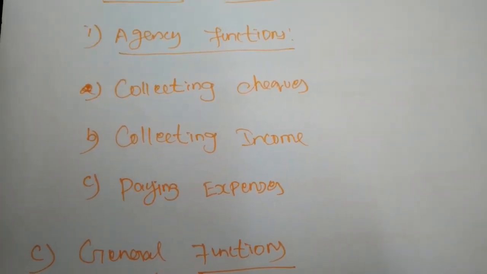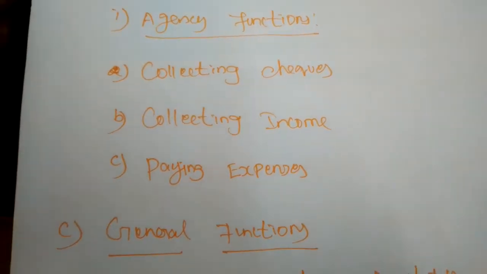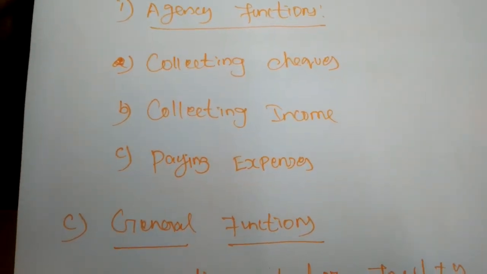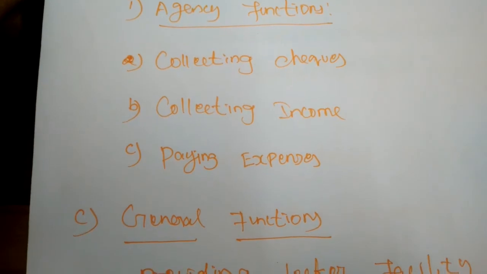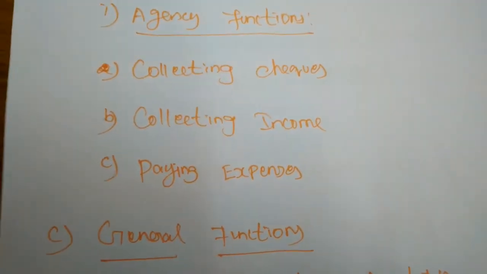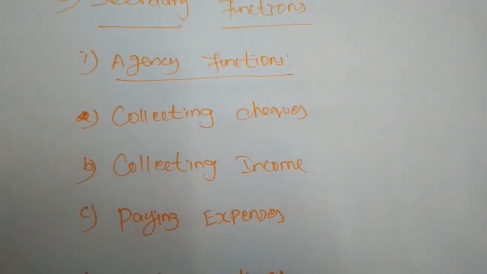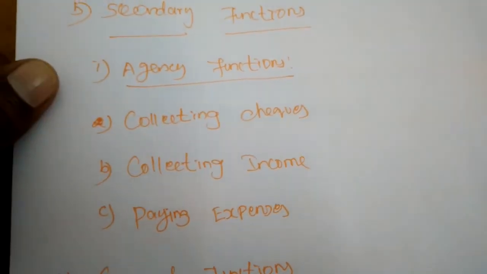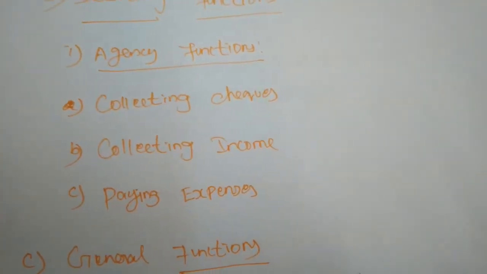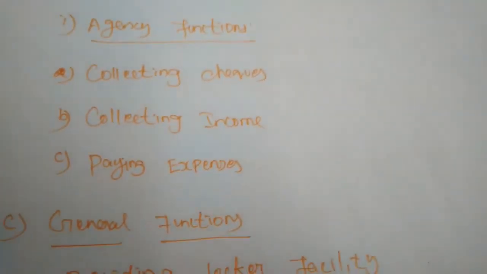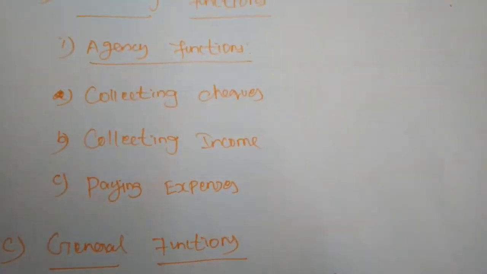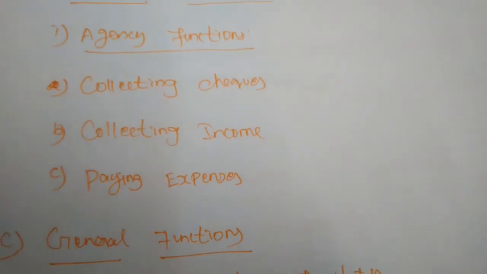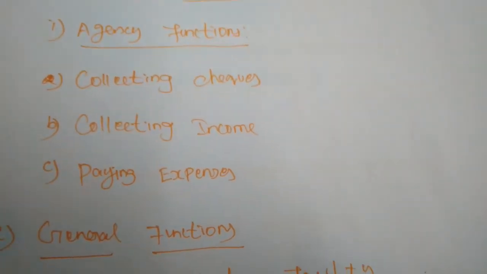Next, collecting income. The commercial banks collect dividends, pension, salaries, rent and interest on behalf of the customers. Normally if organizations want to provide salary to their workers, they deposit it into the banks.